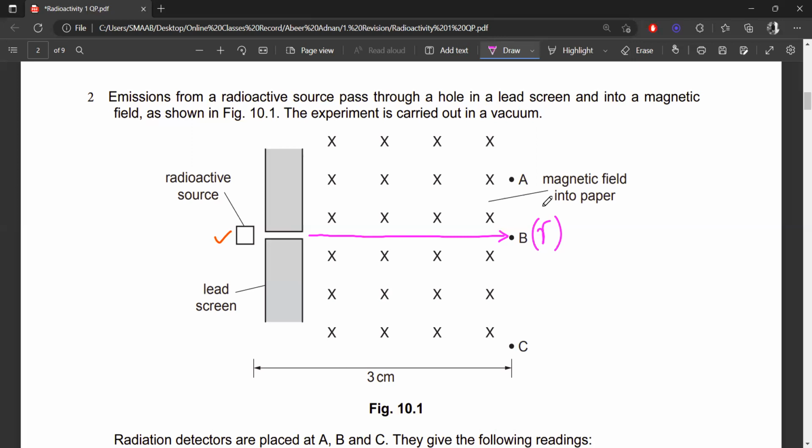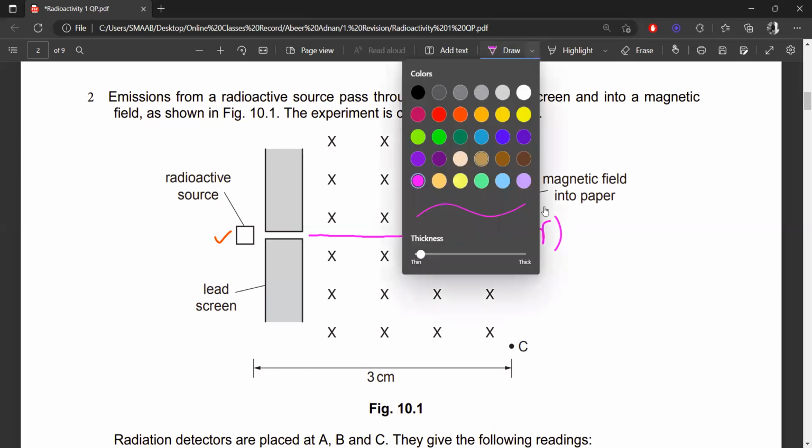Alpha and beta are both going to be deflected by the magnetic field, right? So for A and C we just have to identify which one is alpha and which one is beta. You need to identify according to the properties of beta and gamma which ray is going where.